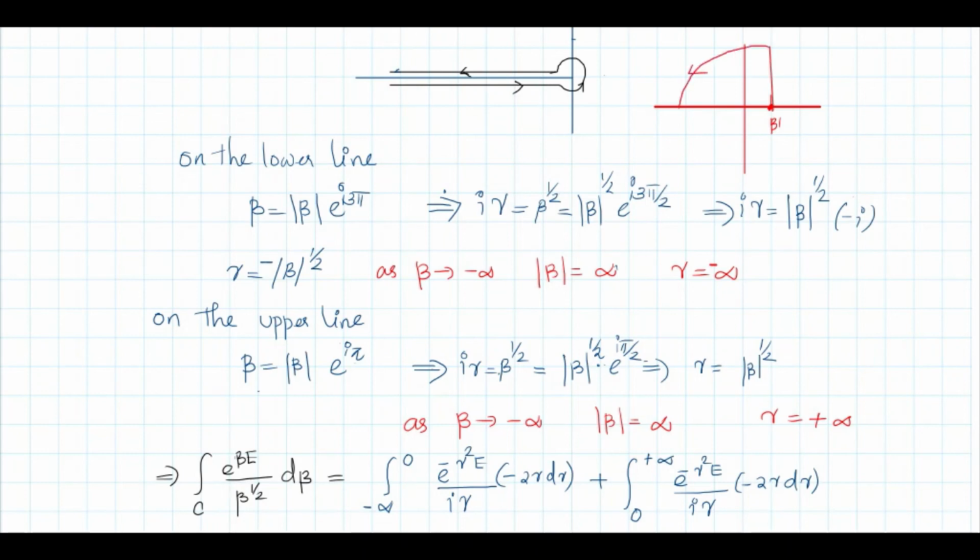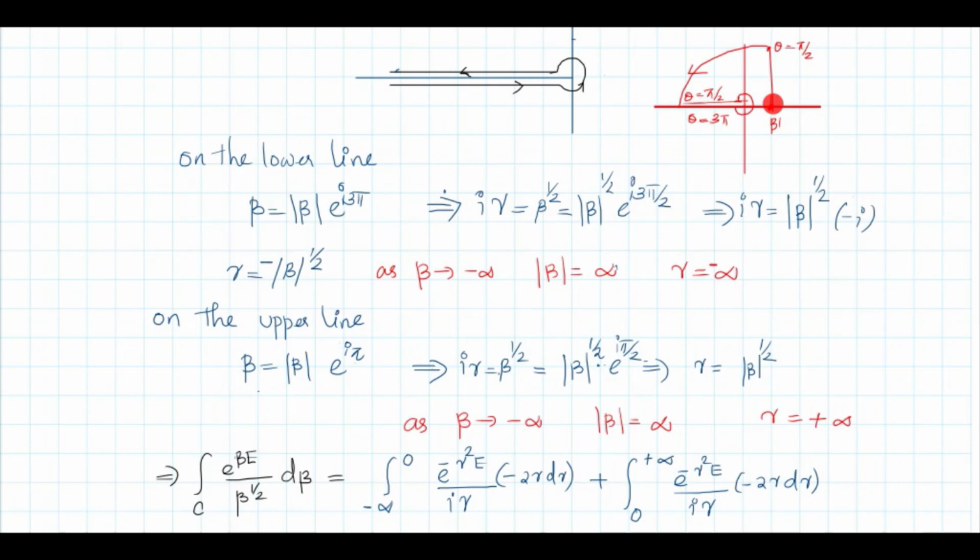So when you start from here, this point is theta equal to pi by 2. When you reach here, theta is equal to pi. Then you go along this line and you circle this origin. That will give a 2 pi angle. So here theta will be 3 pi.